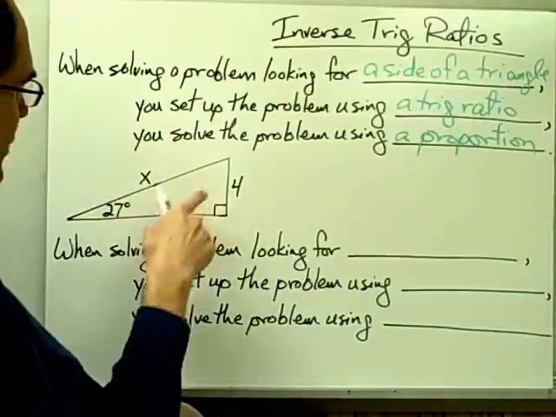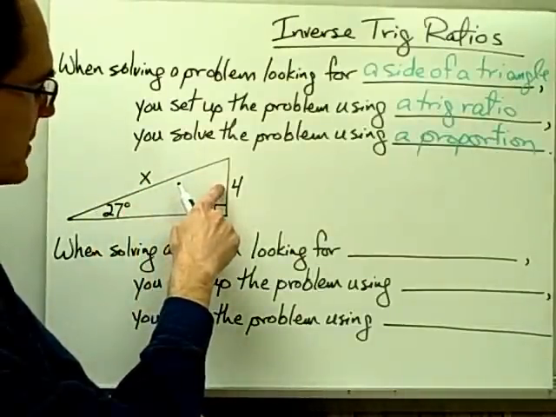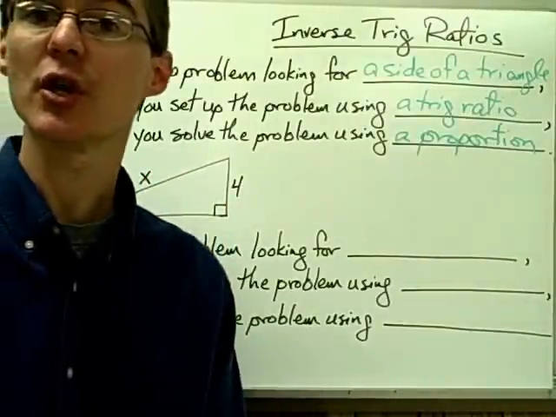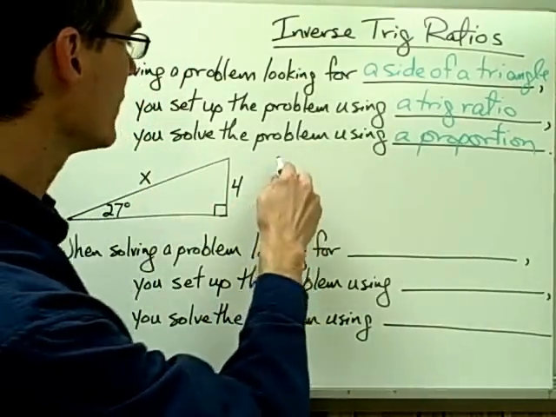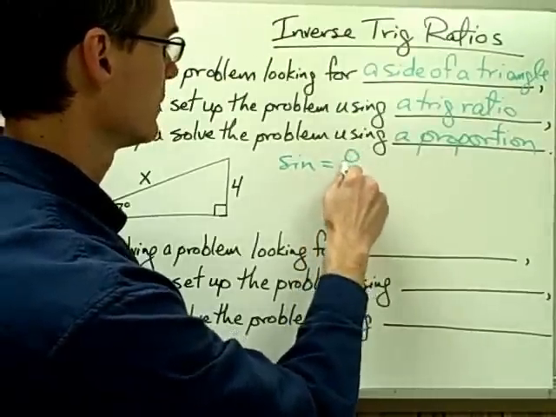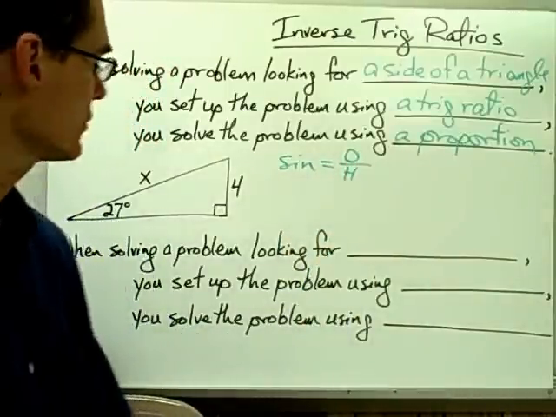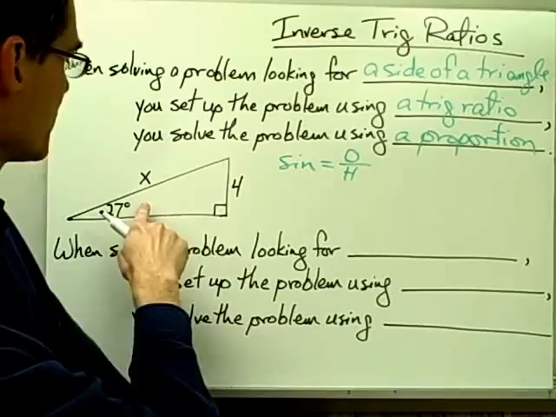For this right triangle, the information I have is this angle, the opposite side, and I'm looking for the hypotenuse. So I want the trig ratio that has a ratio between the opposite side and the hypotenuse. Well, that happens to be the sine ratio. Sine is equal to opposite over hypotenuse. So I'm going to use the sine trig ratio to solve this problem.